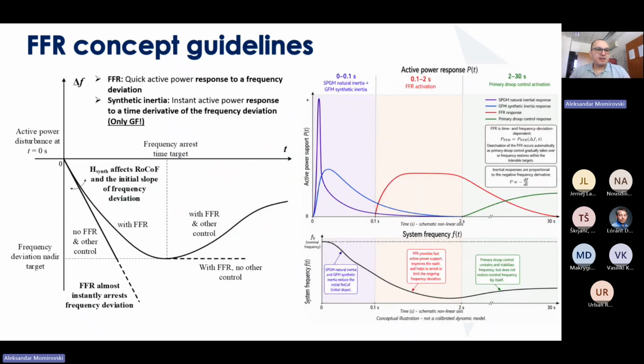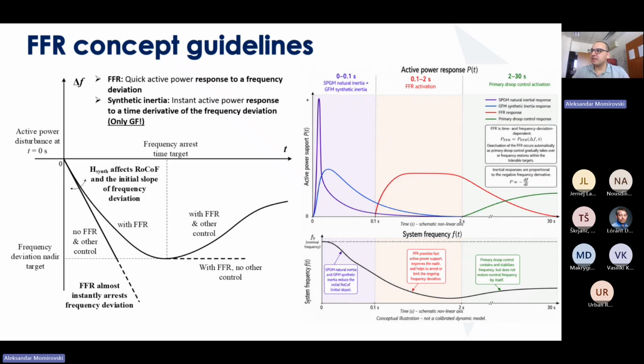So at the very beginning, we had to distinguish between the FFR and synthetic inertia because we found out that the actual distinction between these two responses can be a little bit confused, but they are not interchangeable. So FFR is a quick active power response to frequency deviation in our case.